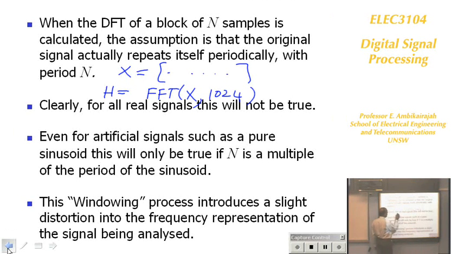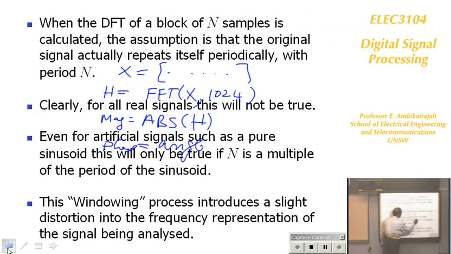You can say magnitude is equal to absolute value of H. That gives you the magnitude, and then phase is equal to angle of H, and that gives you the phase. Very simple in FFT.